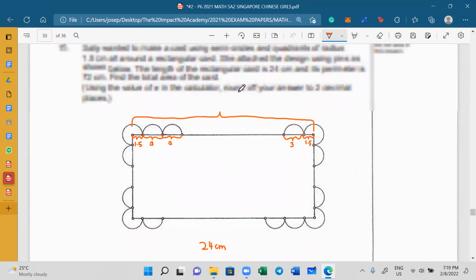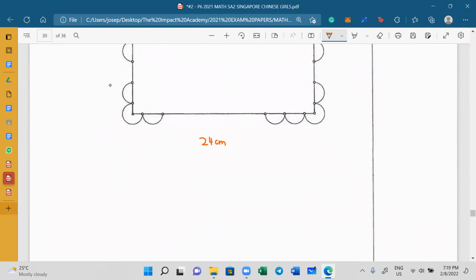And they tell us the perimeter is how much? 72, right? Since the perimeter is 72 centimeters, I can find the breadth. So 72 minus 24, divide by 2, I will get my answer, which is 12 centimeters.